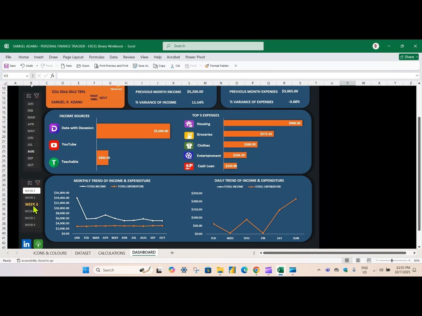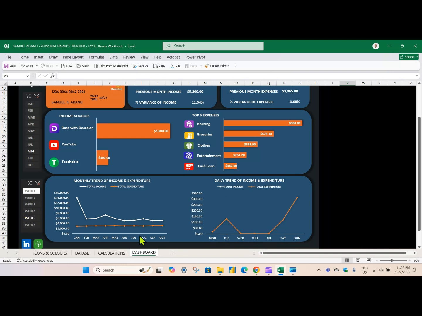Week three, there was no income generated in week 3 of August, but we spent on a daily basis in week 3. Week 4 generated an income on Tuesday, but from Monday all the way to Sunday, we made some expenses on a daily basis.